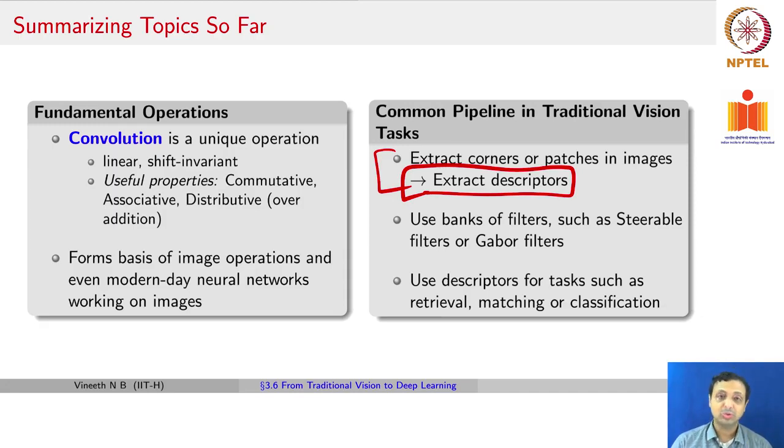Then we also saw the idea of using banks of filters such as steerable filters or Gabor filters to get multiple responses from a single image and then concatenate them to do any further task or processing. We also saw that these descriptors are useful for tasks such as retrieval, matching, or classification.